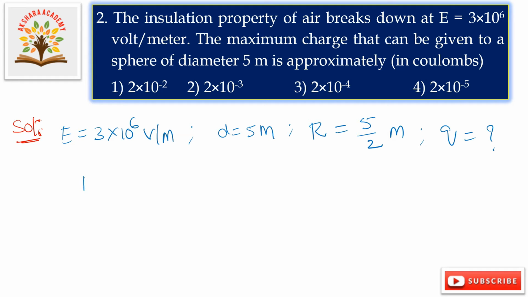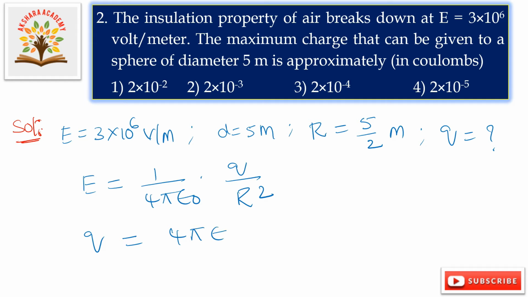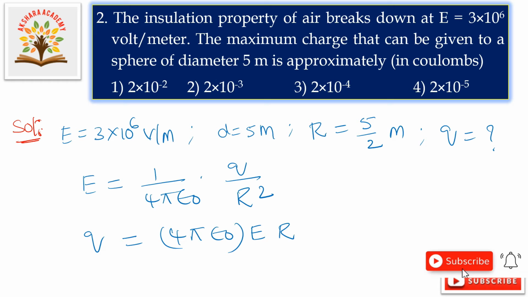So E is equals to 1 by 4 pi epsilon naught Q by R square. From this we are writing a formula for charge. Q is equals to 4 pi epsilon naught into E R square.